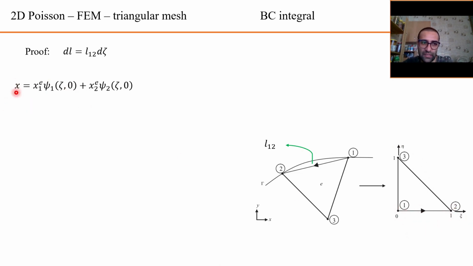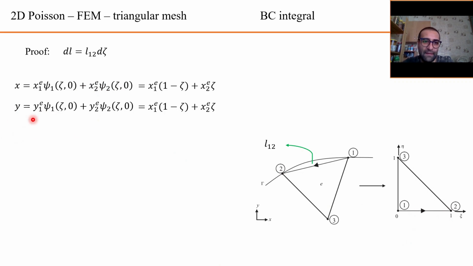Therefore, x should be x1, the position of this node in the xy coordinate, times psi 1 at zeta and 0, plus x2 times psi 2 at zeta and 0. We can write the same equation for y.